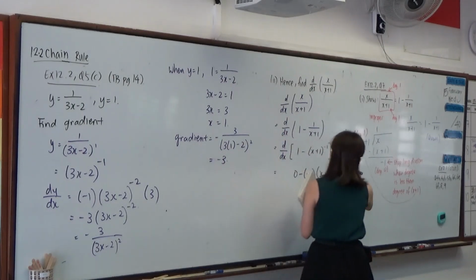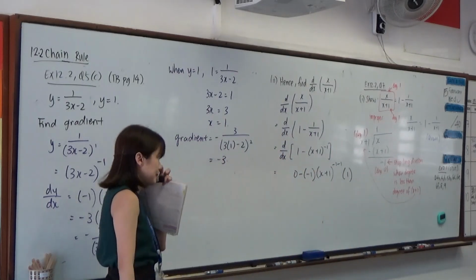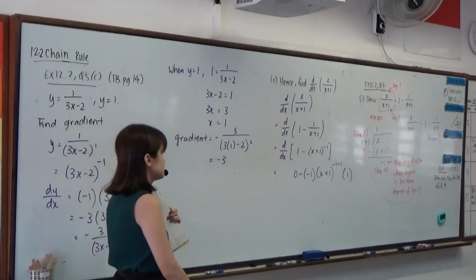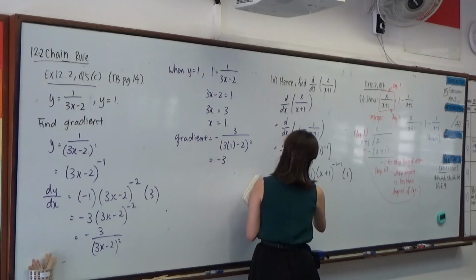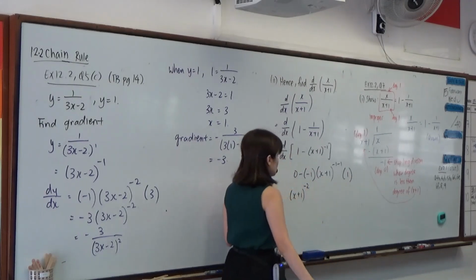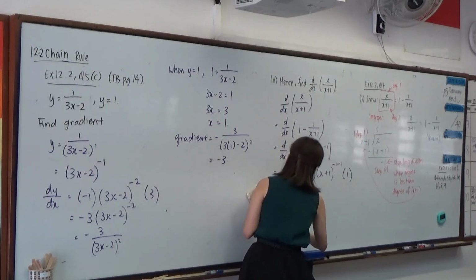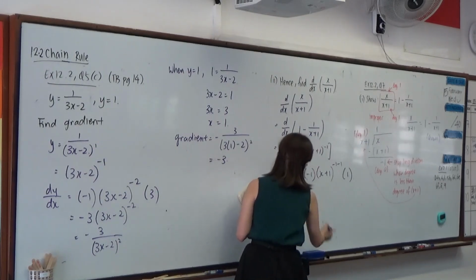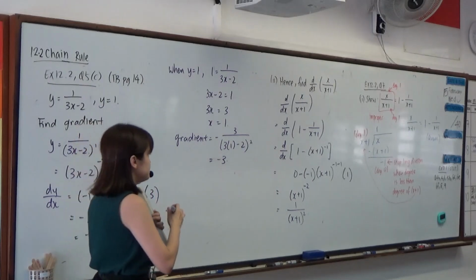Differentiate x plus 1 is 1. Then simplify negative, negative, positive. X plus 1 to the power negative 2. Same idea as 1 over x plus 2, x plus 1 to the power of 2. Okay?